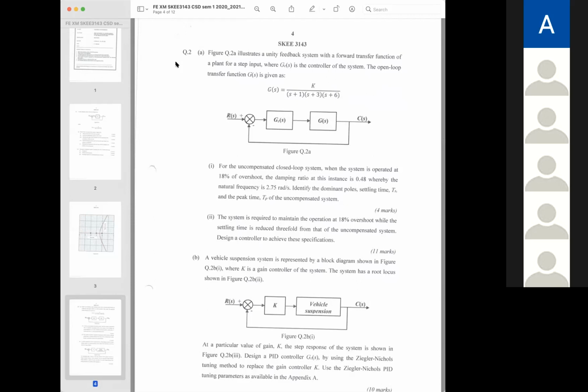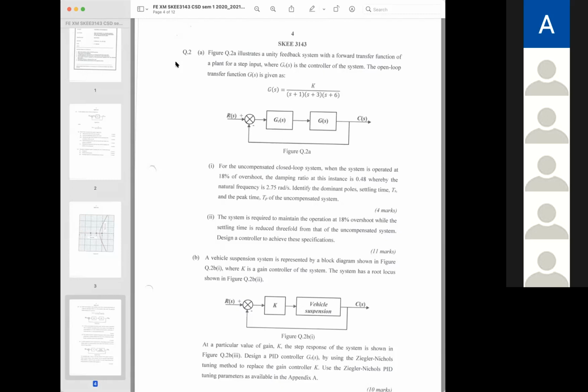For the uncompensated closed loop system, when the system is operated at 18% overshoot, the damping ratio at this instant is 0.48, whereby the natural frequency is 2.75 radian per second. Identify the dominant poles, settling time Ts, and the peak time Tp for the uncompensated system.